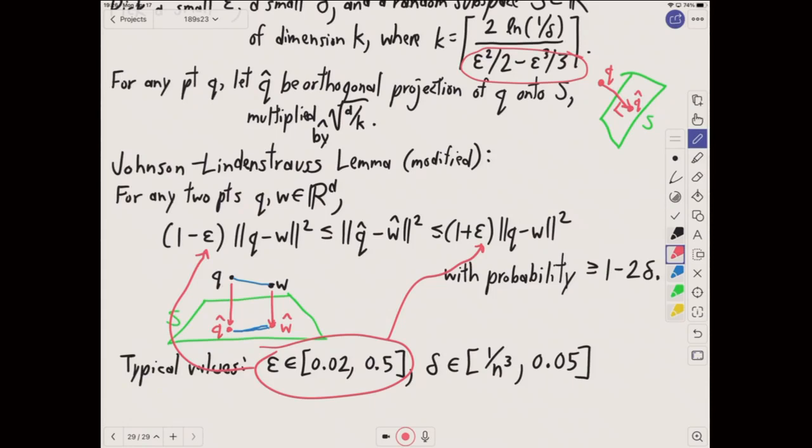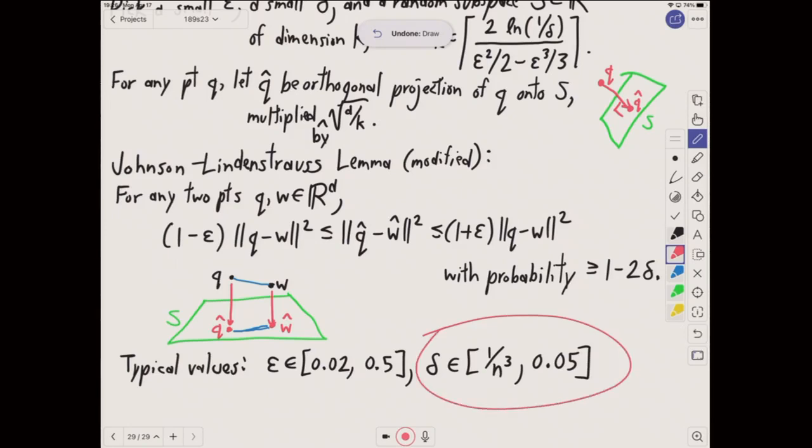Now, to some degree, the same thing is true of delta. Remember, delta is our probability of failing, essentially. Well, 2 times delta is our probability of failing. But if you look at the dimension of the subspace that we need to project onto, you'll notice that there's a logarithm there.